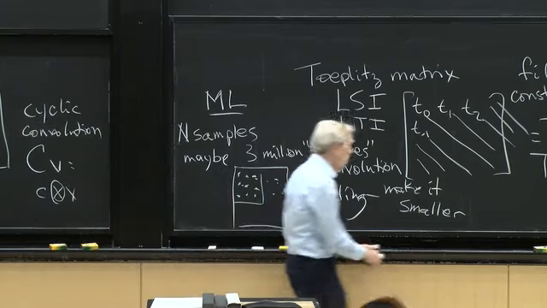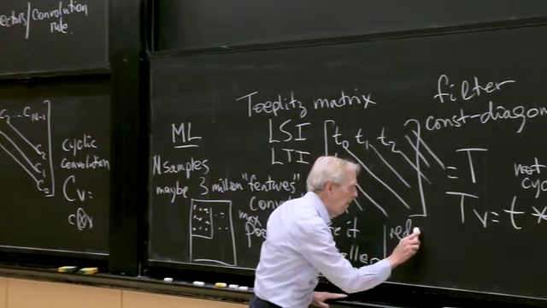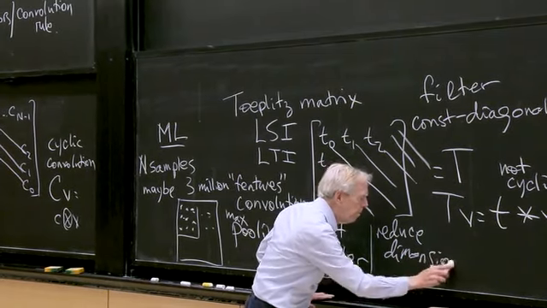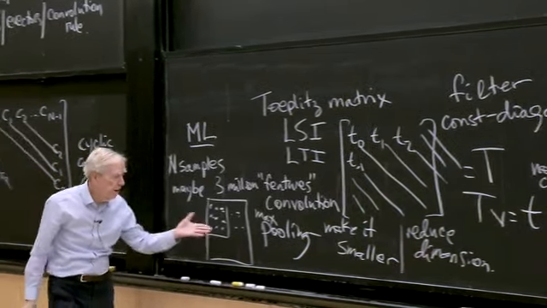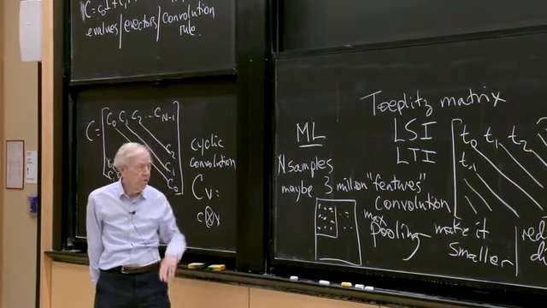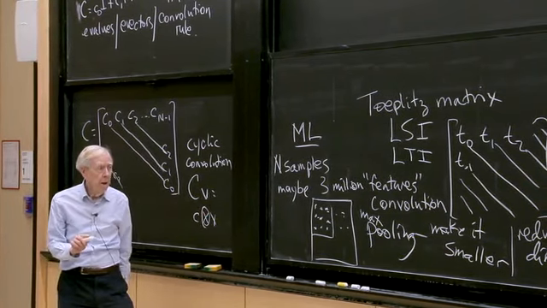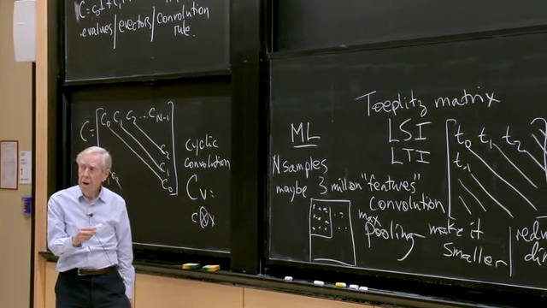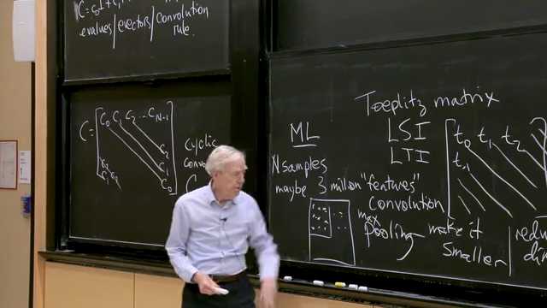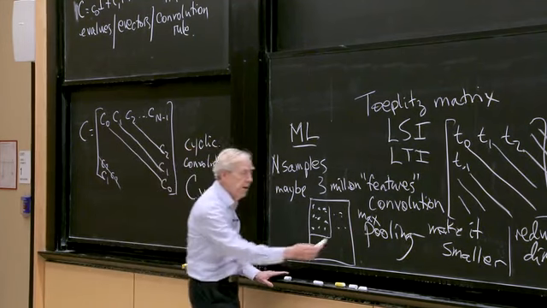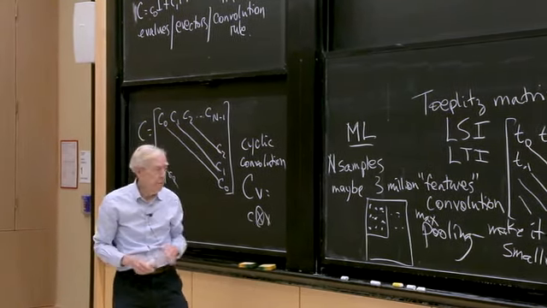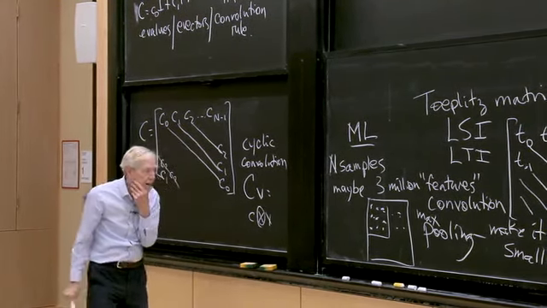It's a cheap way to make an image 4 times or 9 times or 64 times smaller. But that's not involving convolution. That's a different operation here. It's not even linear. If I take the max in each box, that's not a linear operation. But it's a fast one.